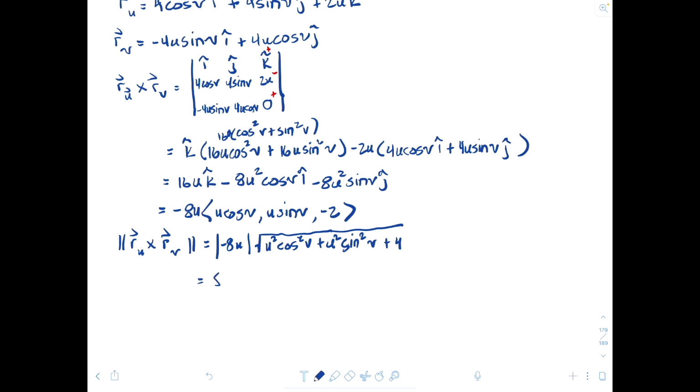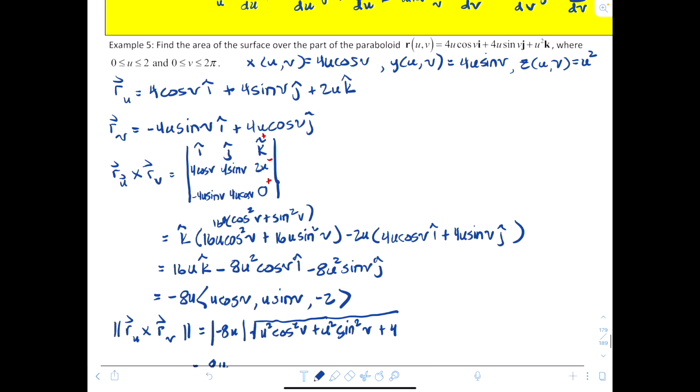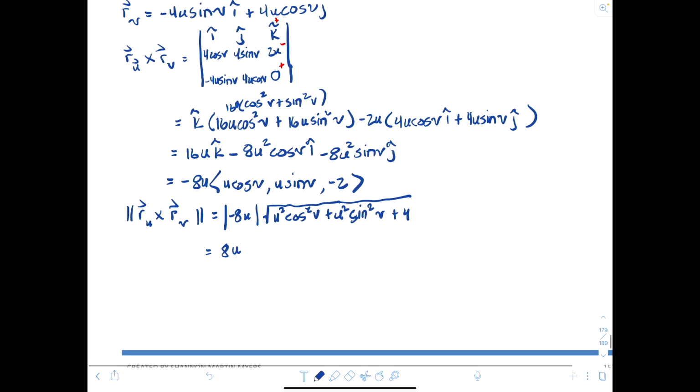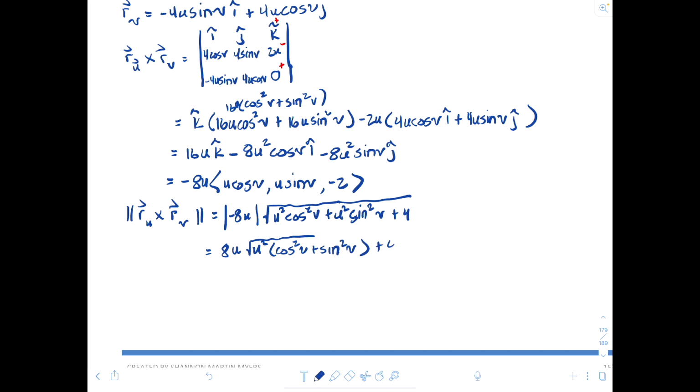And so that's going to be 8u, because remember u goes between 0 and 2, so I don't need to worry about the absolute value, times the square root of u squared times cosine squared v plus sine squared v, and then plus 4. Remember this is equal to 1, so we'll get 8u times the square root of u squared plus 4.